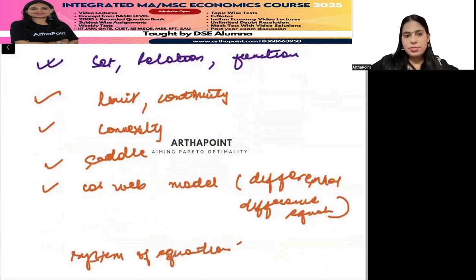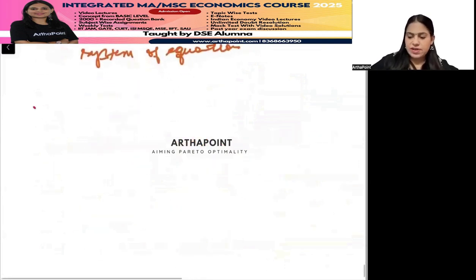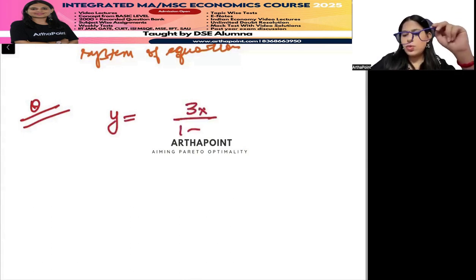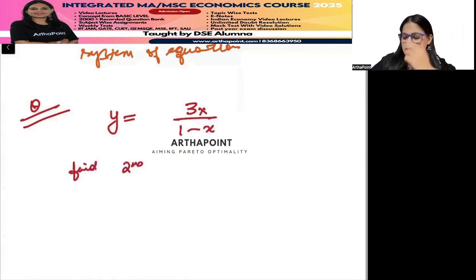So let me give you some examples of maths questions that can be asked in the exam. It is going to be very simple. I can tell you maths is the simplest in this. Suppose I give you a function, y is equal to 3x upon 1 minus x, and I ask you to find second order and third order derivatives.